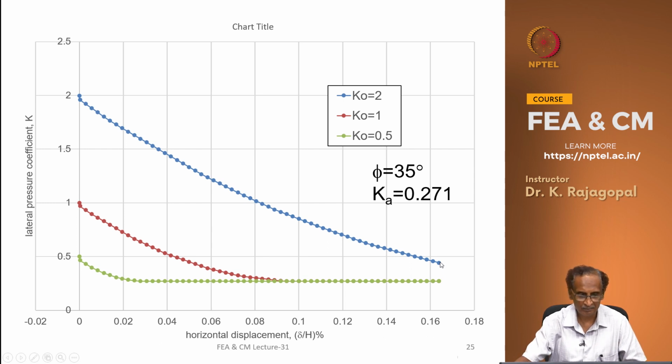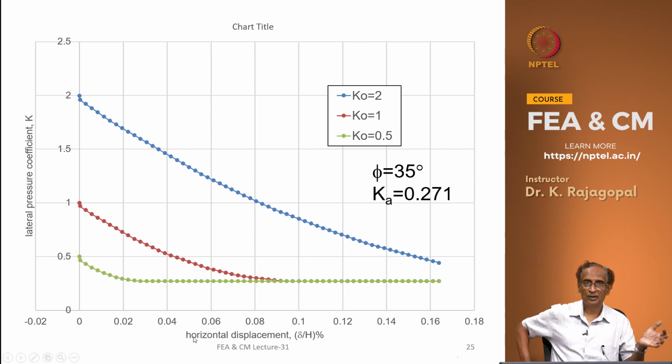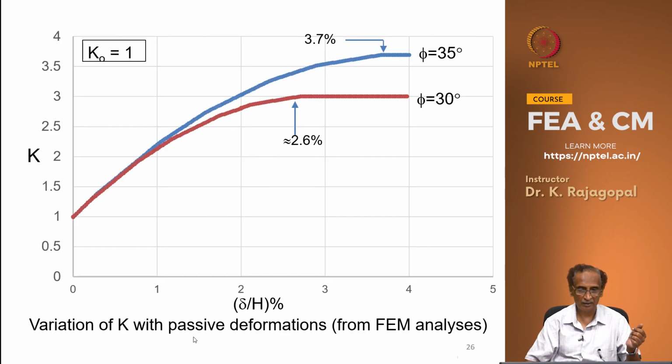It is still far away from the limit state. But if you continue further, then we might reach the limit state at a very large lateral deformation. And we see that all the deformations that we are dealing with for the active state are very small, about 0.1%, 0.05%. That also depends on the Young's modulus and then the K naught.